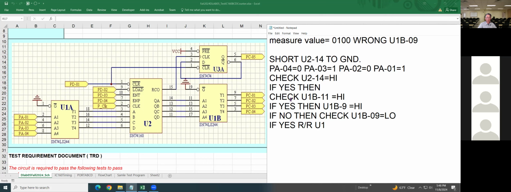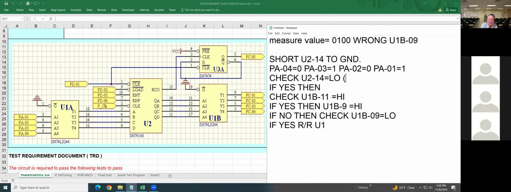Then let's say U2 14. Okay? Now they have to be what? Low, if you ground it. Okay.